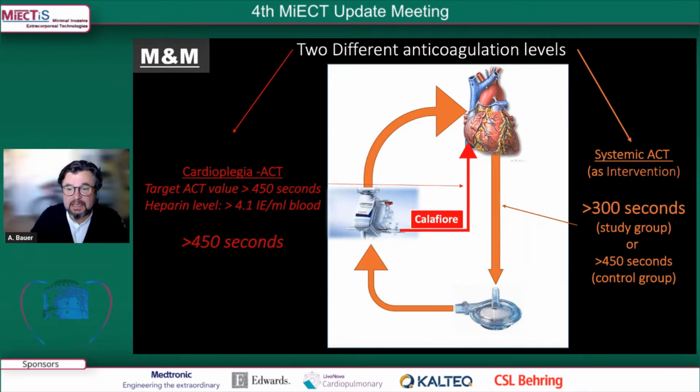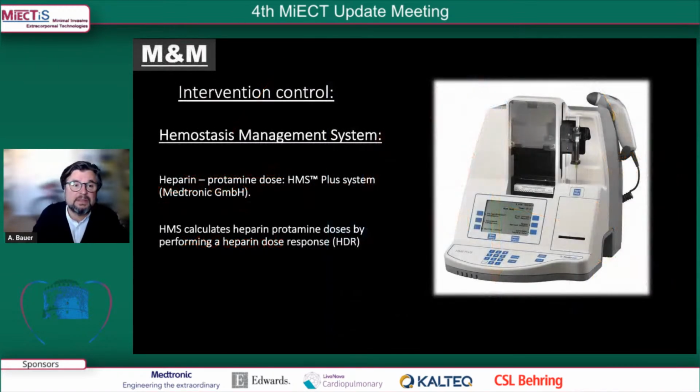For example, in our case we use a Calafiore system, and you all know that the blood will stay there for 20 minutes. Therefore, we add heparin, 10,000 units, to the syringe of the cardioplegia system, and then we have a higher ACT in that system. So that's very important.